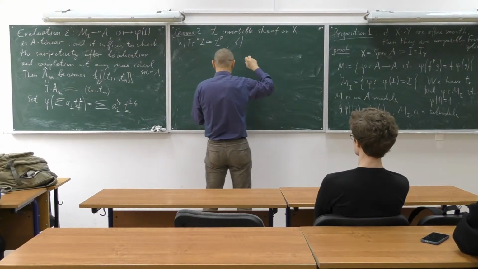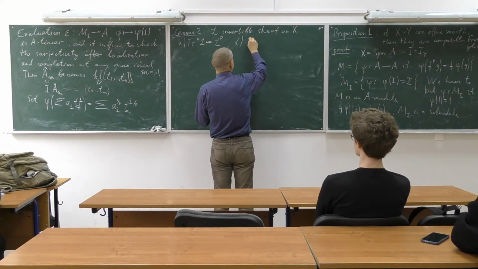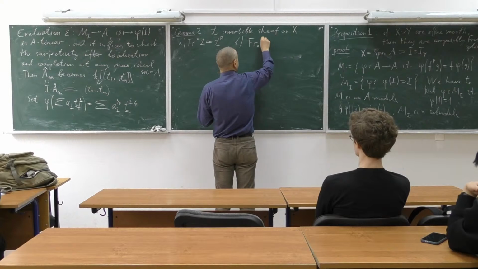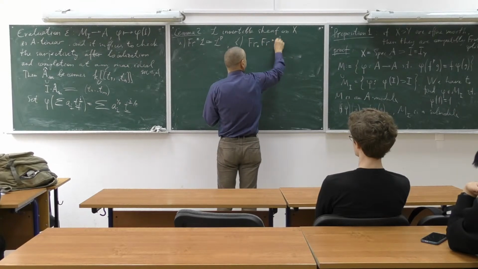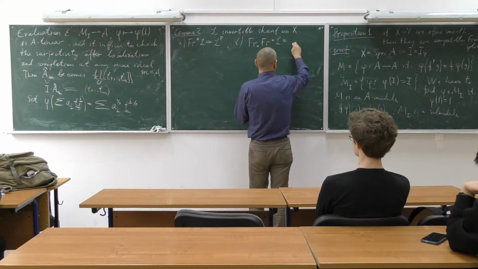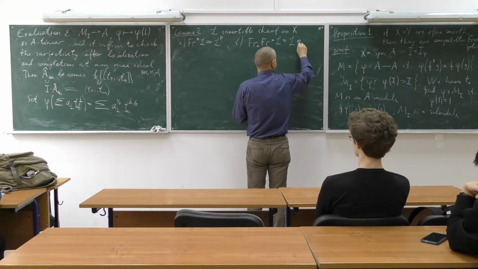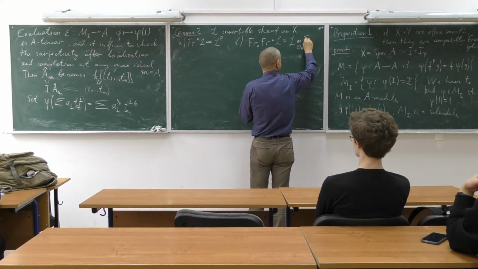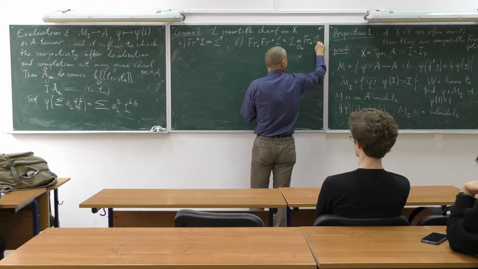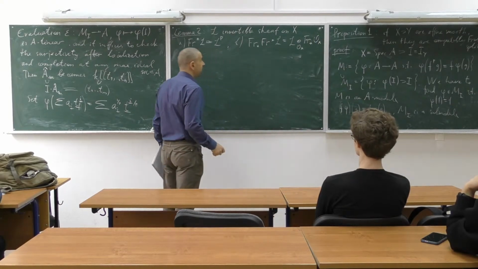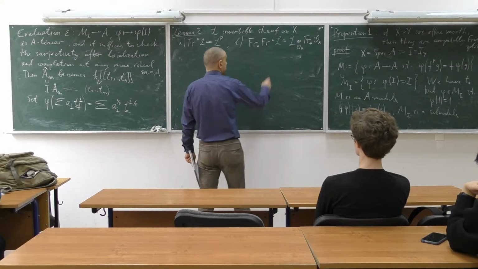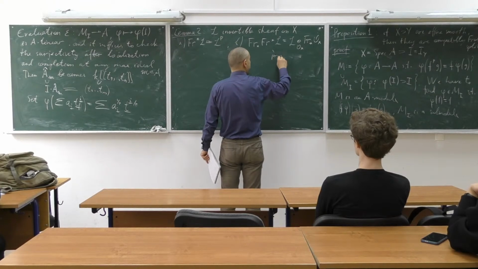And second, it says that the Frobenius push forward of the Frobenius pullback of L is just L tensor the Frobenius push forward of the structure sheaf. And this is just a projection formula.